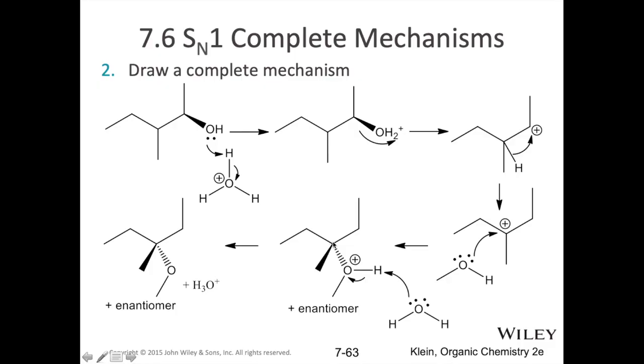So you actually get both of these enantiomers. Well, not technically enantiomers because that's an achiral carbon, but you know what I mean. Basically, the methanol can attack either side. But rather than drawing both versions, it's enough to just say plus enantiomer, so people know that you would have drawn both. You're showing that both do form.